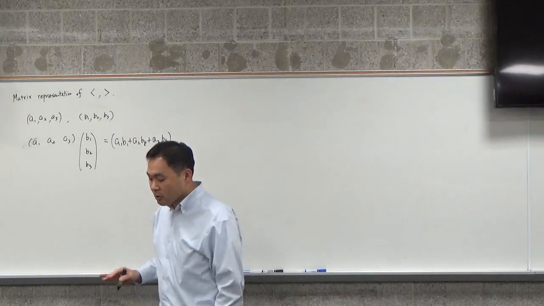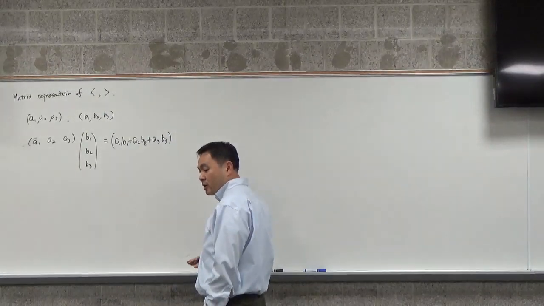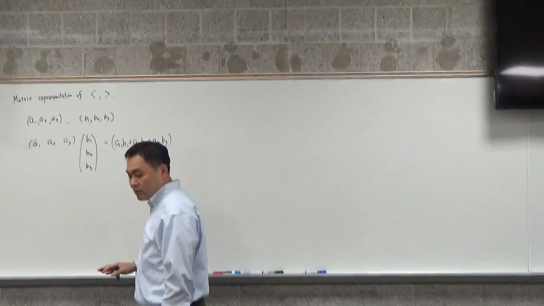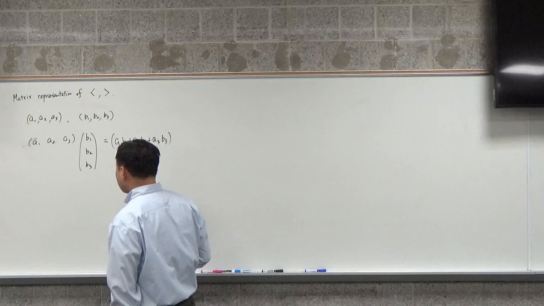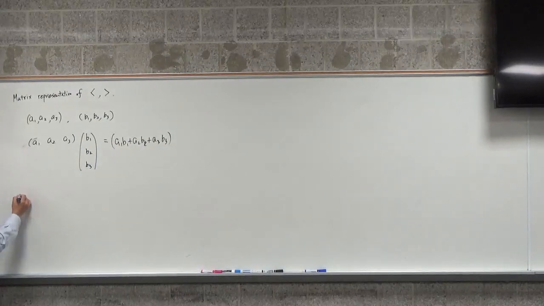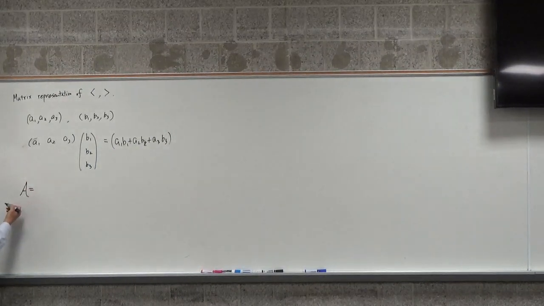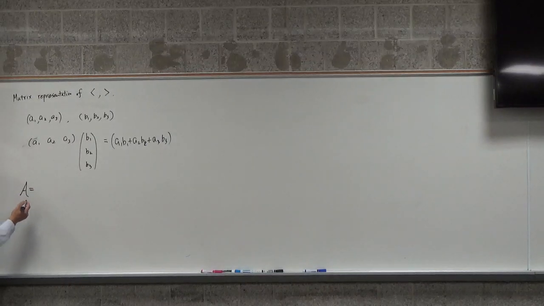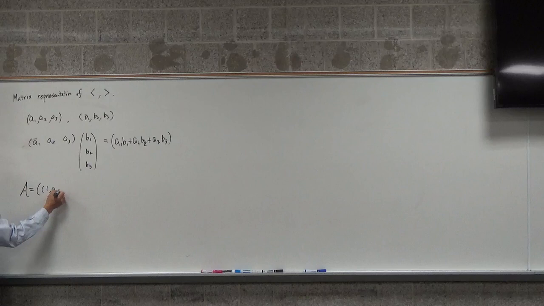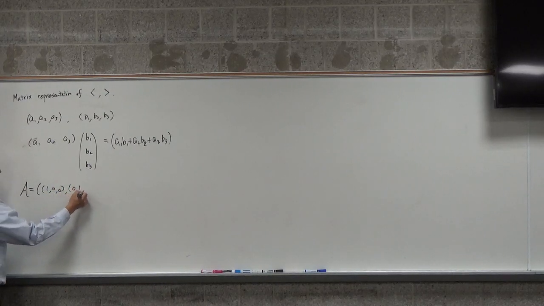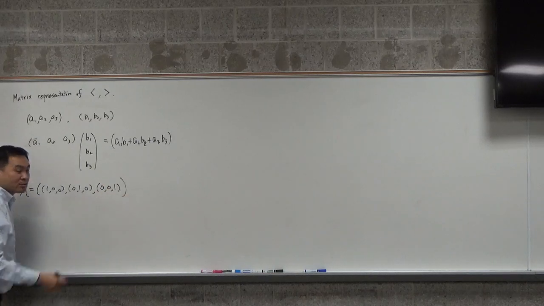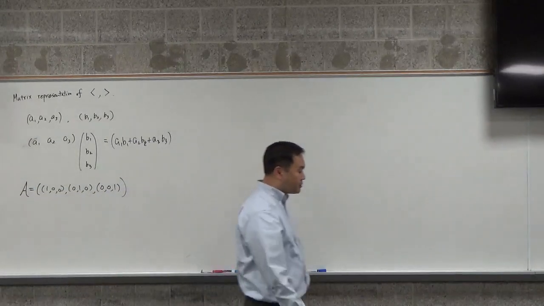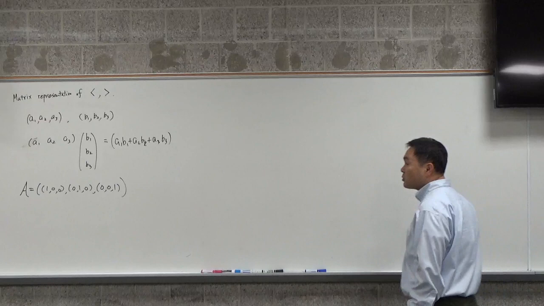So you can write it like this, and so if I say the standard unit vectors of R3 are 1, 0, 0, 0, 1, 0, then 0, 0, 1, then we can rewrite it like this.